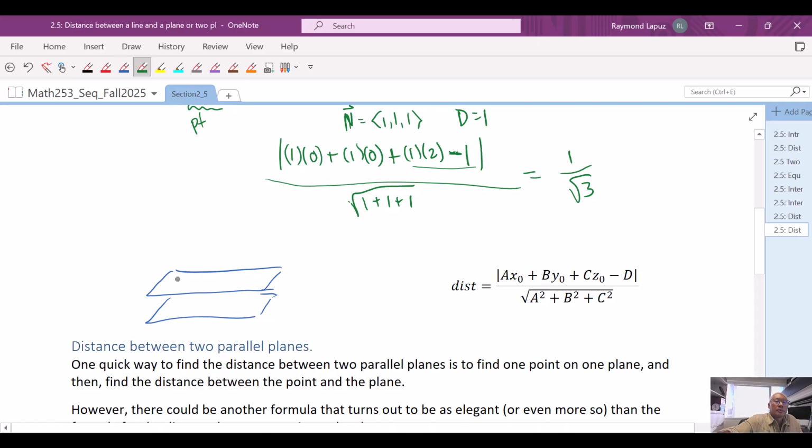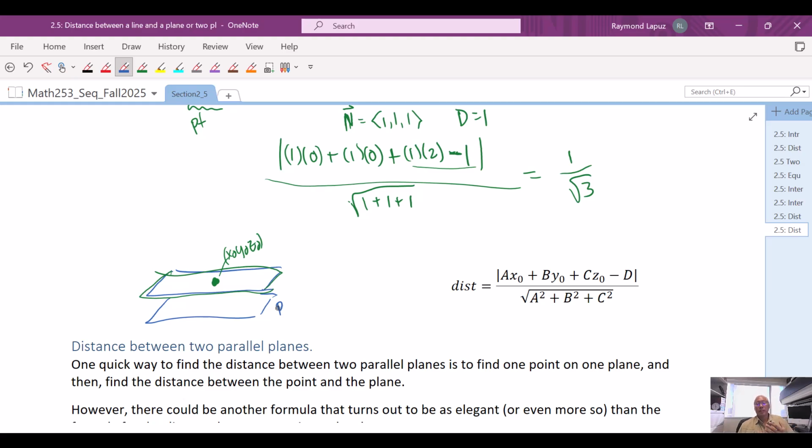So let's put a point on the first plane, and that could be your x naught, y naught, z naught. And then you have your second plane over here, which has an equation, and then you can just figure that out. So that is fairly simple.